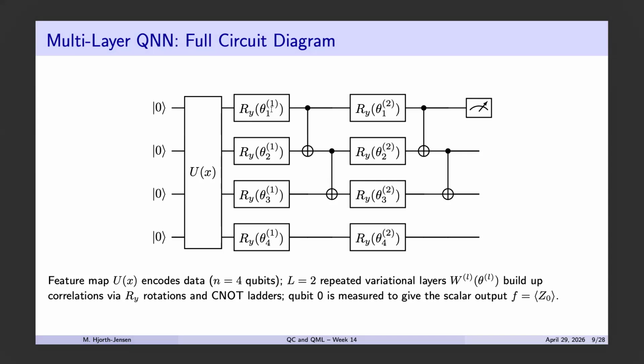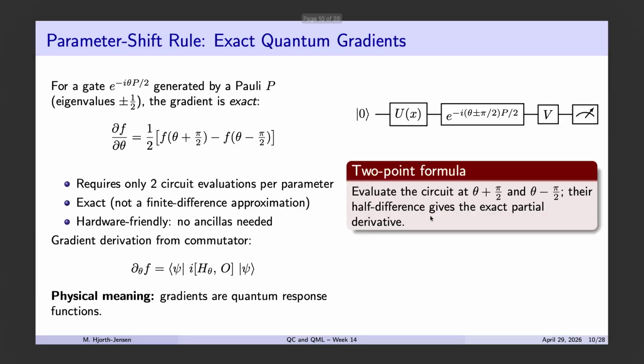So we have 4 parameters here, and you have 4 new parameters. You have an entangling CNOT gate, for instance, which entangles the qubits. You can also entangle all of them. So this is just an example of how you could entangle. And then at the end, you make a final measurement. So this would be a typical example of a quantum neural network when you have more than just 2 qubits.